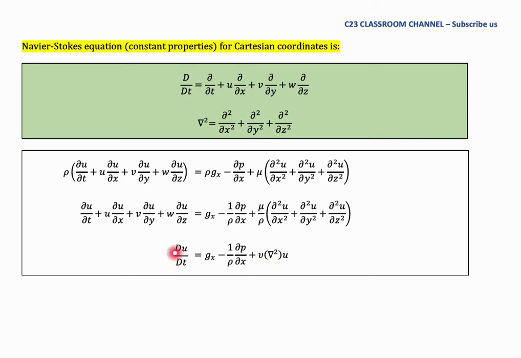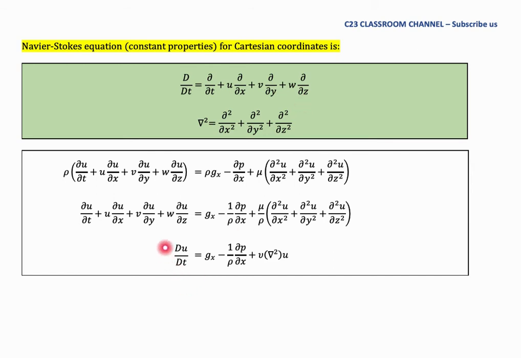The capital D over capital Dt is equal to del over del t plus u del over del x plus v del over del y plus w del over del z.